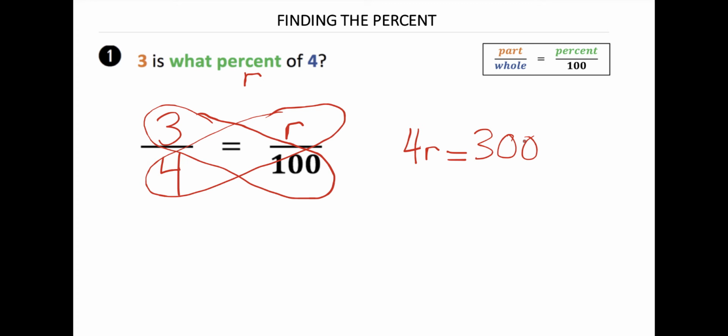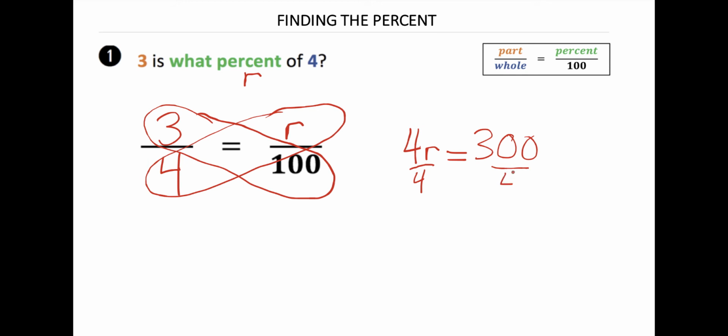Now, I don't want to know what 4 r's are, even though I know what 4 r's are. I want to know what 1 r is. So the inverse operation to multiplying is division. So 4 times r, I can get r by itself if I just divide 4r by 4. So I'm going to put 4r over 4, which is the same as division.